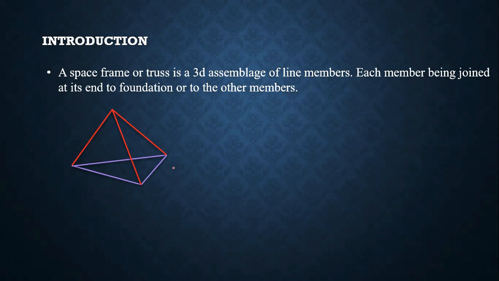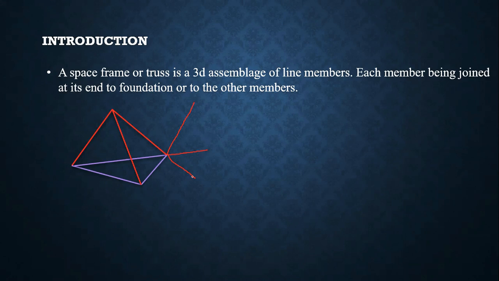Since for each additional joint there are three additional members, if we need to construct another tetrahedron or other series of space frame, we can join three members at a particular joint. Just like this, we continue to join three members at every joint.